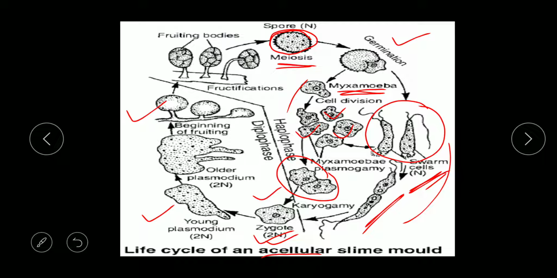Based on this, we can say you find a fusion of similar kinds of cells: either swarm cells fuse with swarm cells, both motile, or both myxamoebae fuse, both non-motile. So here isogamy is happening.